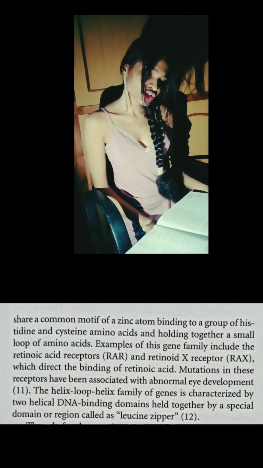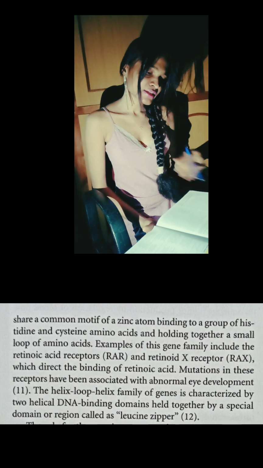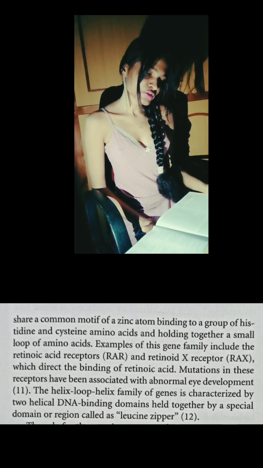Examples of this gene family include the retinoic acid receptors, RAR, and retinoid X receptor, RXR, which direct the binding of retinoic acid. Mutations in these receptors have been associated with abnormal eye development.